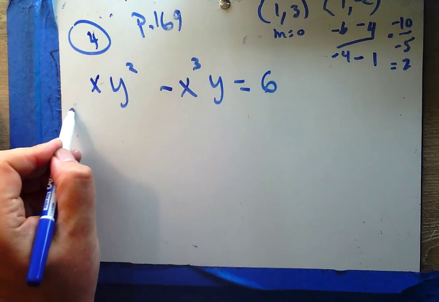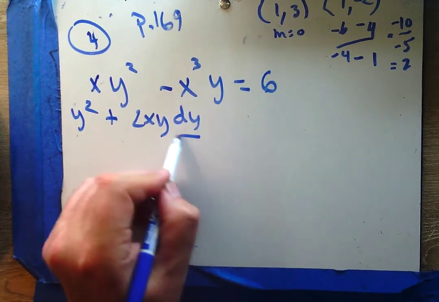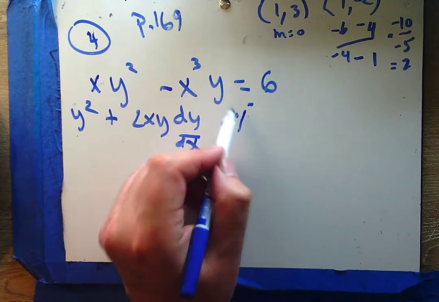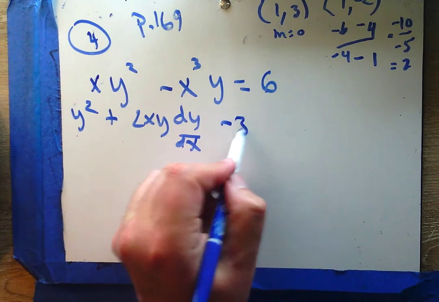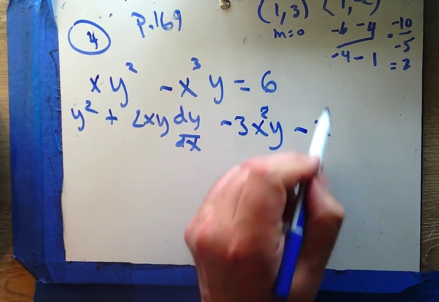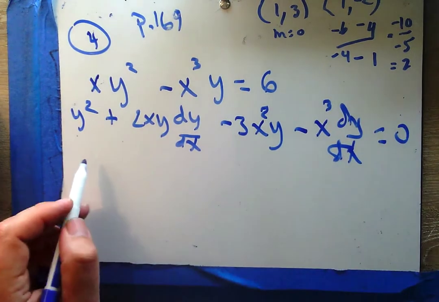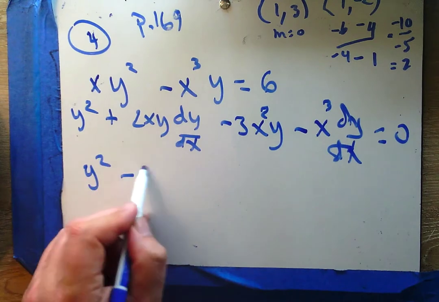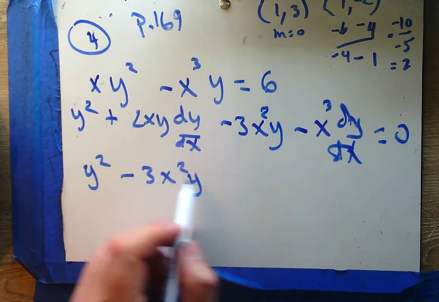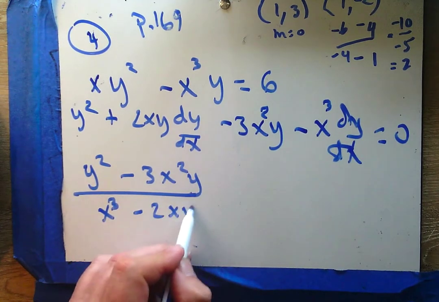Okay, so y squared plus 2xy dy/dx minus 3x squared y minus x to the third dy/dx equals 0. So dy/dx is y squared minus 3x squared y divided by x to the third minus 2xy.